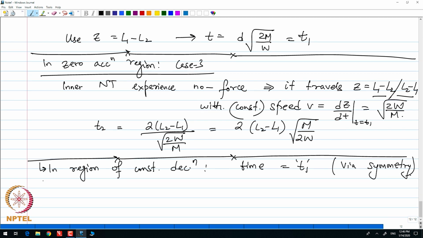So, now let us add up the total time taken by the system. So, what is the total time taken?